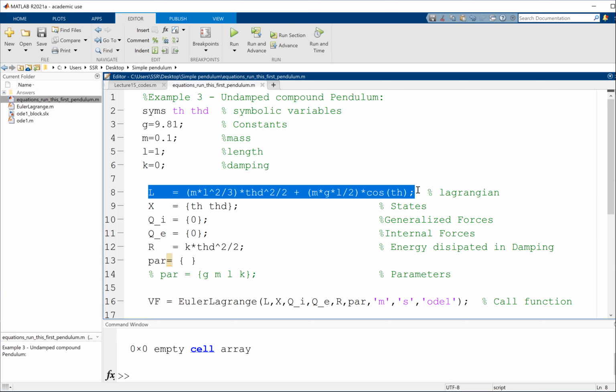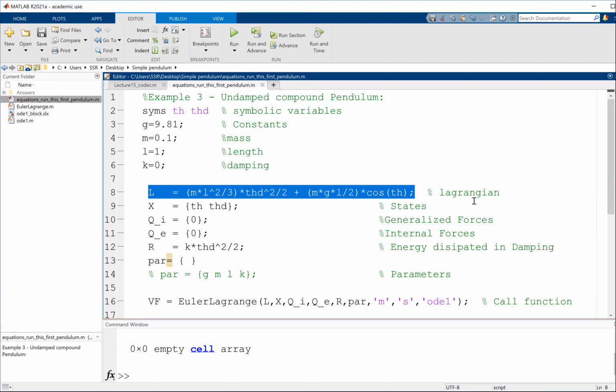What about sine theta? If you go back one more, you can see that we have the data set. If you go to the Lagrangian, this is the Lagrangian that we derived, and the differential equation we derived was d by dt of partial L by partial theta dot, minus partial L by partial theta.